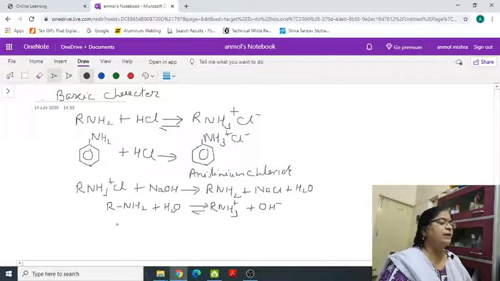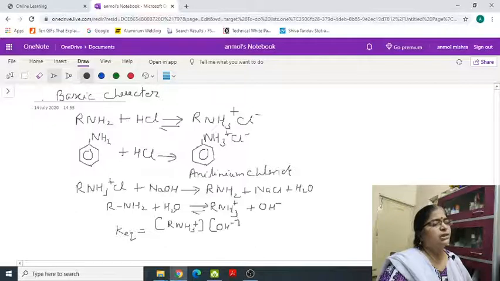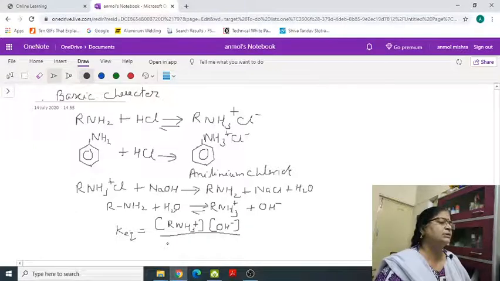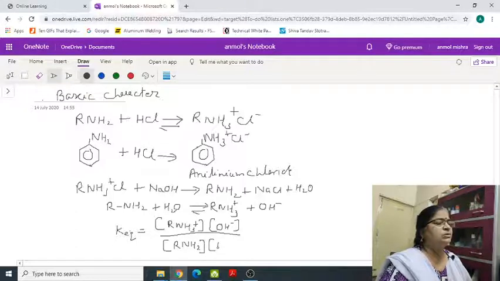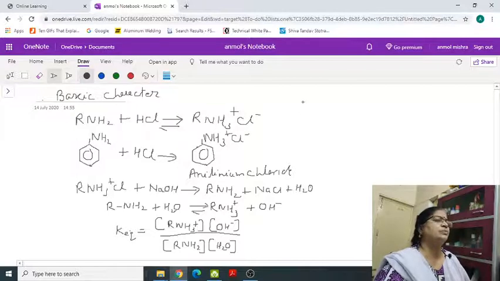and if we apply law of chemical equilibrium, then we will get active mass of RNH3 plus, OH minus divided by RNH2, H2O.